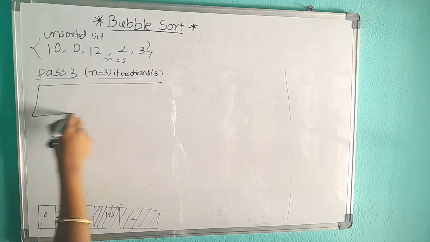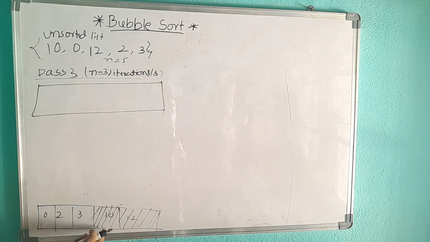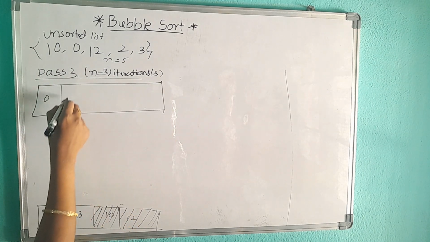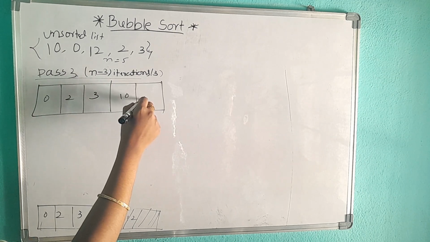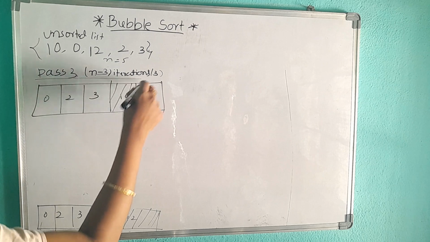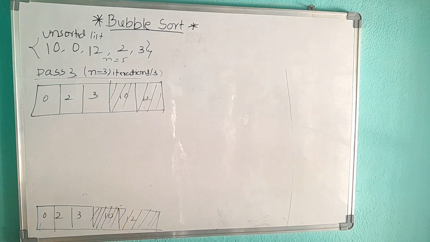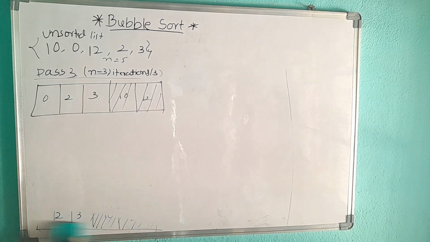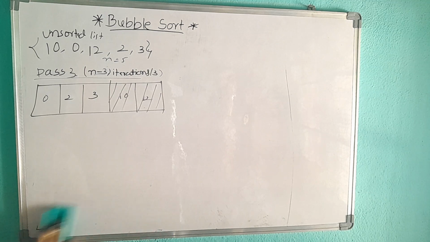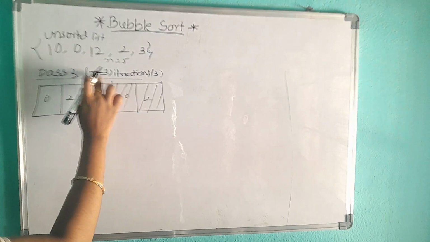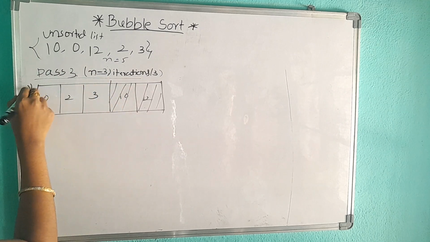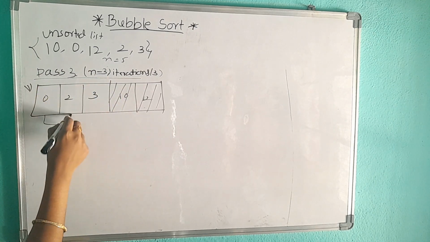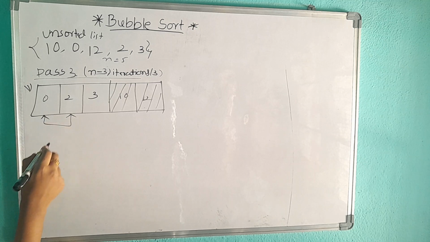After completion of the second pass, the resultant will be like this: 0, 2, 3, 10, 12. And these two elements are fixed in their sorted positions. So first iteration, we have to compare adjacent elements.